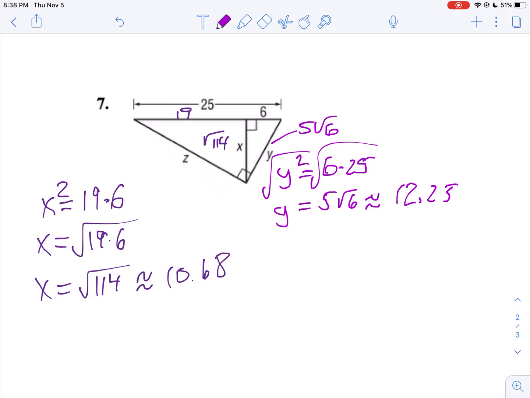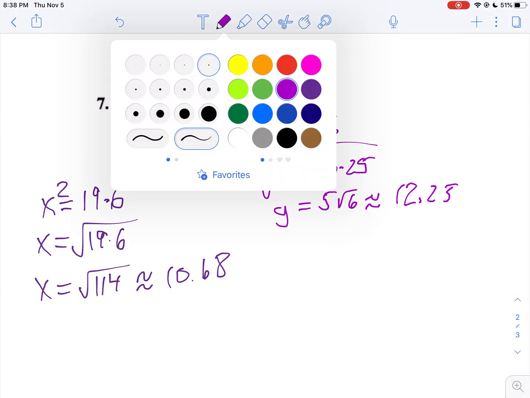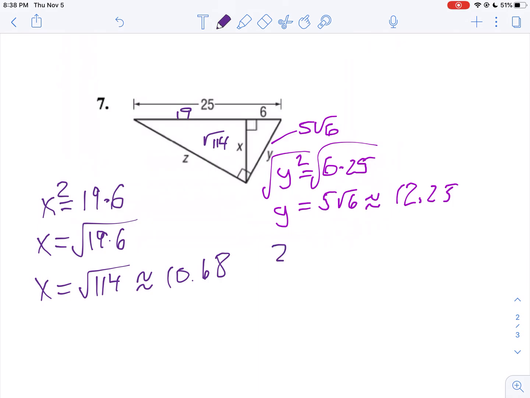So in other words, z squared equals the entire hypotenuse, which is 25, times the part of the hypotenuse that's adjacent to z, which in this case is 19. So in other words, z is the square root of 25 times 19. So z, the square root of 25 is 5, so I get 5 times the square root of 19.